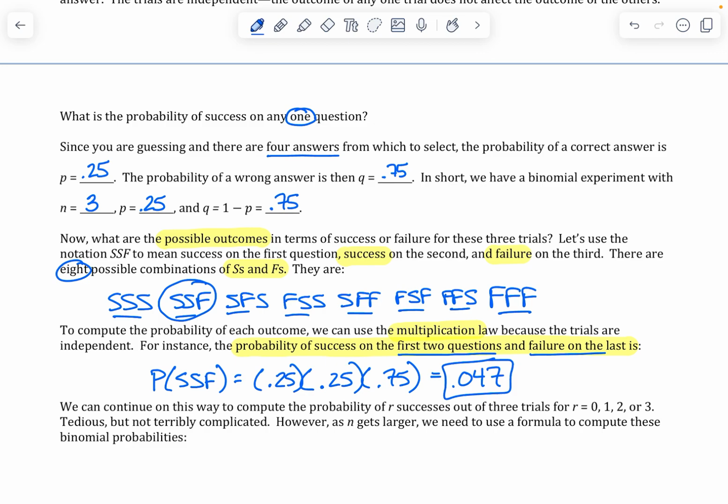Which means to say that getting specifically the first and the second one correct and the third one wrong would have just under a 5% chance, okay? Well, that's one specific outcome. You don't want to know that specific order. You want to know every scenario where you would get 2 right, and then every scenario where you get 1 right, and all the rest.